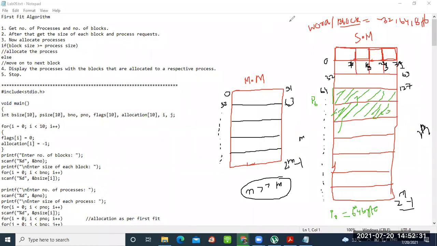It is going to occupy exactly 2 blocks. Now what is the address? The address will start from 64, and I will add 32 to this one. It will be 159. So the address will be from 64 to 159.